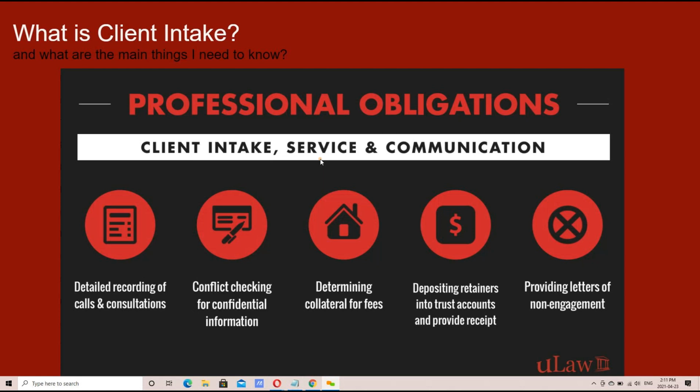And then you determine the collateral for fees depending on the nature of the work that you entail doing with this client, whether it's a family matter or accident benefits, a criminal, small claims, depending on the nature of the matter itself. You would now determine, based on your experience, based on what you know, the different rules and regulations of that matter management, starting with that retainer letter, right?